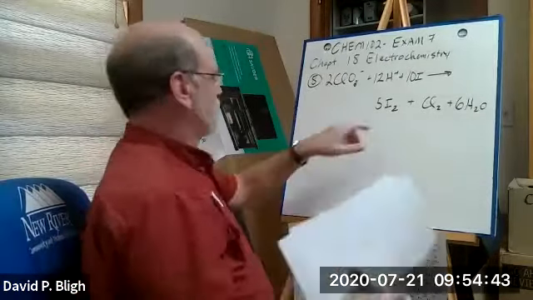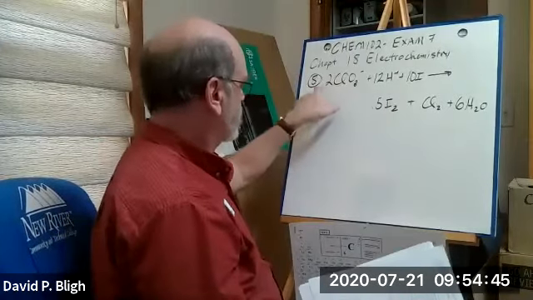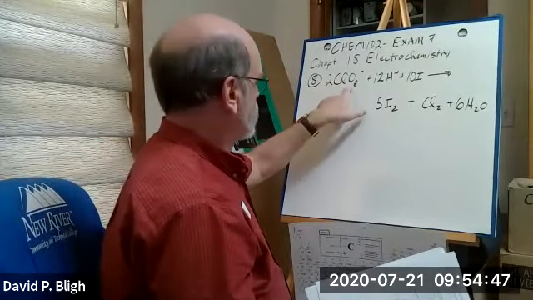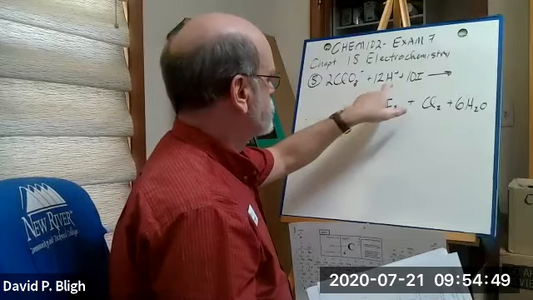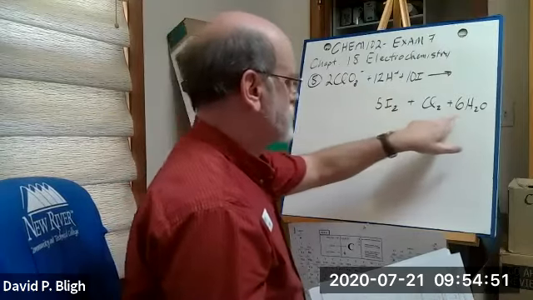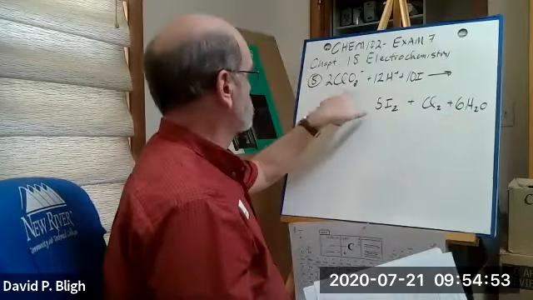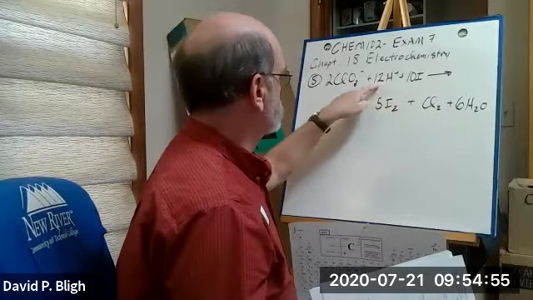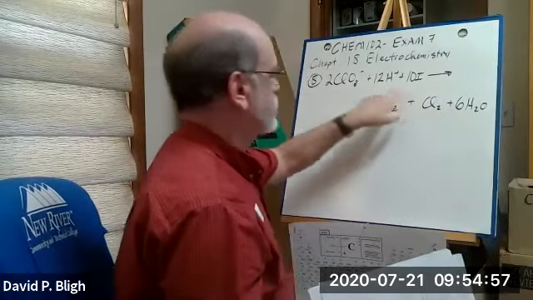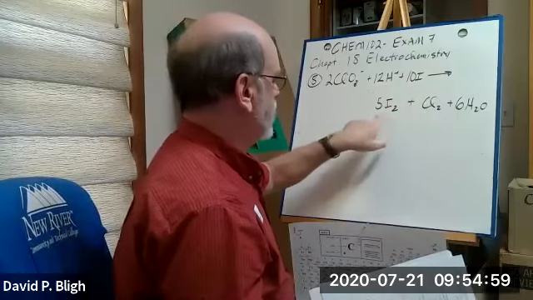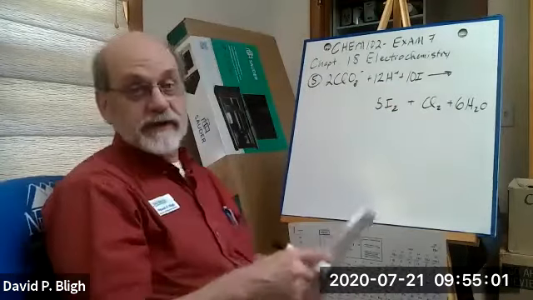Okay, so let's see. 2 chlorines, yep. 6 oxygens, 12 hydrogens, 10 iodines. Okay, so it is balanced.